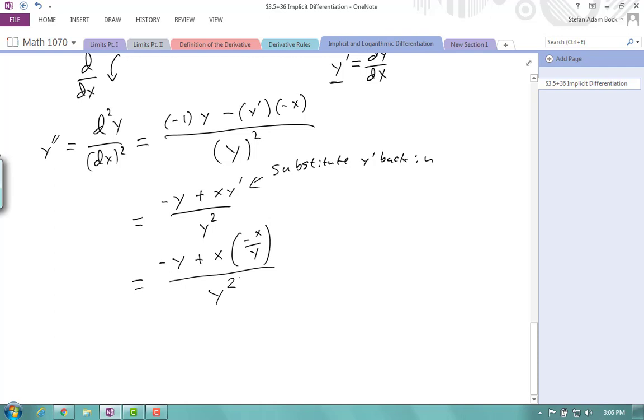And it would be perfectly fine to just leave it like this. But if you're curious, this comes out to look like negative y squared plus x squared divided by y cubed.